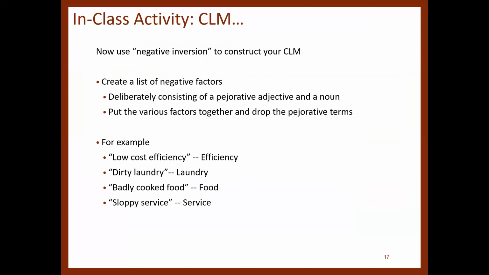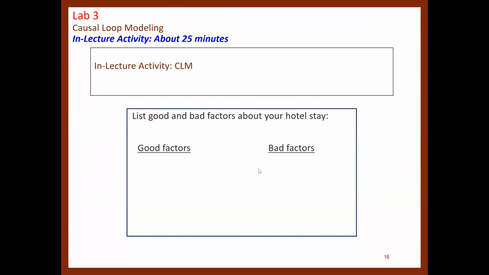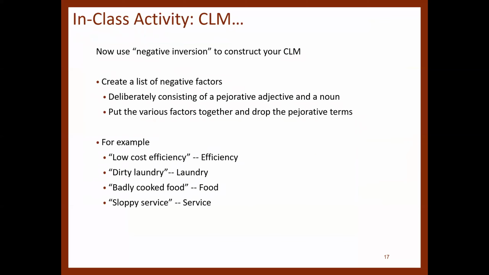You're going to use those two lists, good factors and bad factors, and you are going to use negative inversion to construct your causal loop model. So you're going to create a list of negative factors, deliberately consisting of a pejorative adjective and a noun.